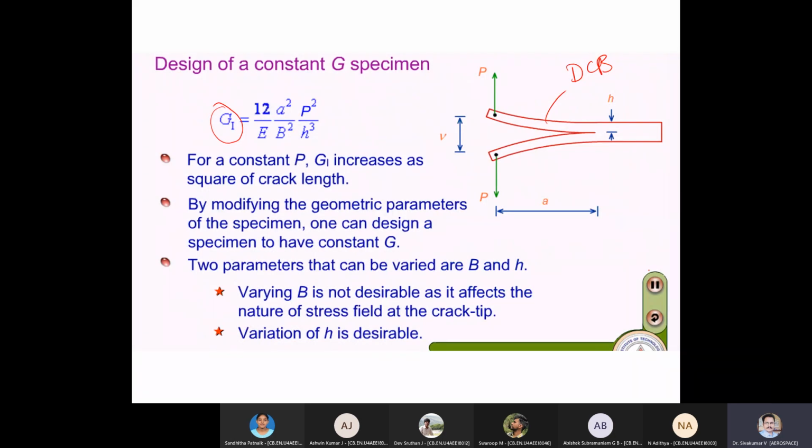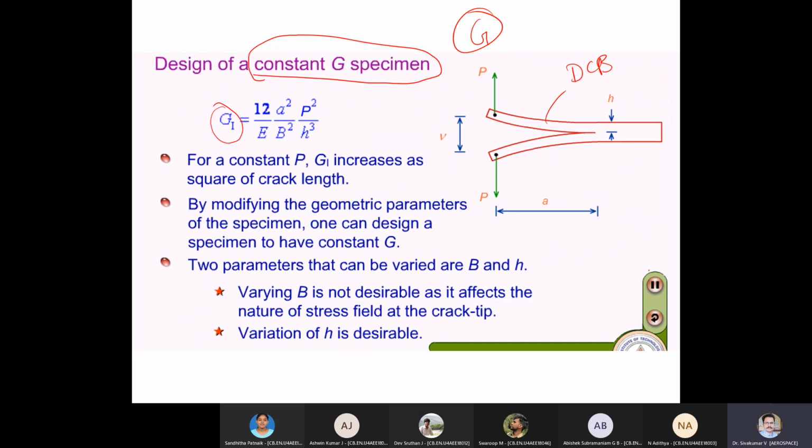Design of a constant G specimen. I told you the DCB specimen is a standard specimen, so whoever is doing it should get the same G. They have to maintain a certain aspect ratio of the dimensions so that everyone will consistently get the same G. Otherwise, you will get one G and I will get another G. That means inconsistency, and then this cannot be a standard test procedure or specimen.